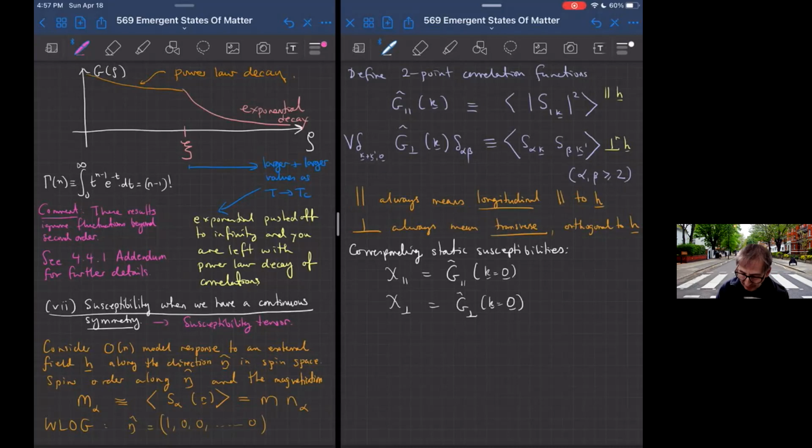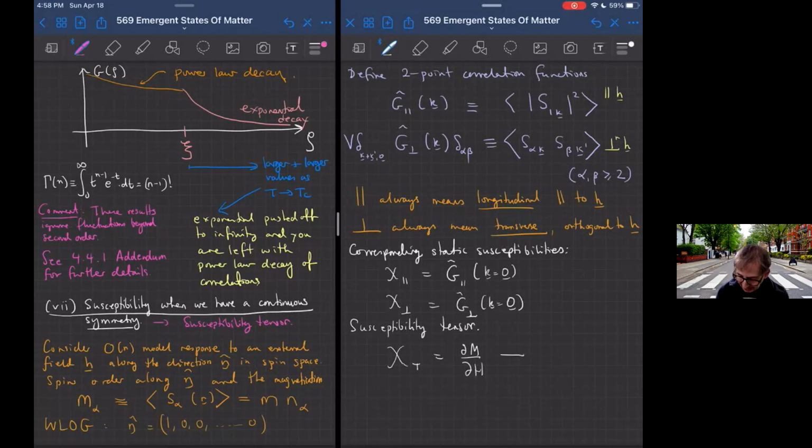So where do these things come from? These things come from the susceptibility tensor. So let's now introduce the susceptibility tensor. What we had before was a chi that we differentiated with respect to the external field. So we had a chi, which was a sort of dm by dh. That was the thermodynamic one.